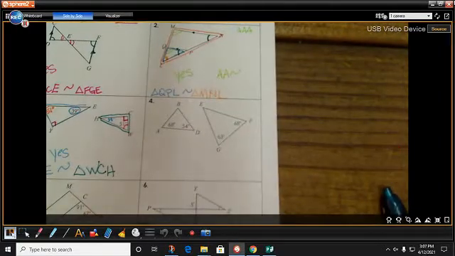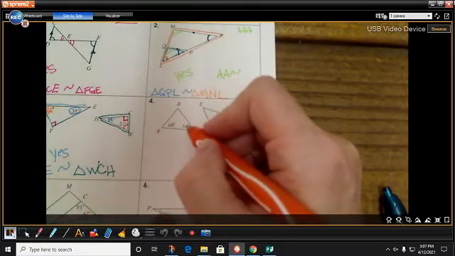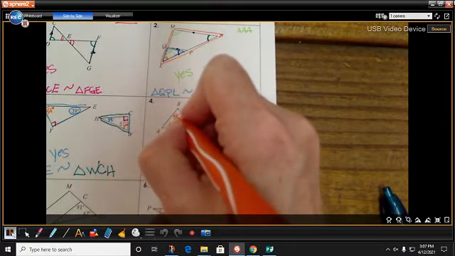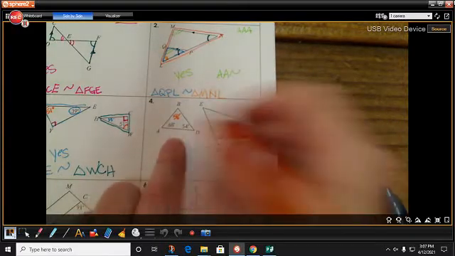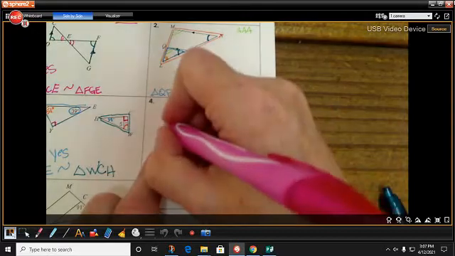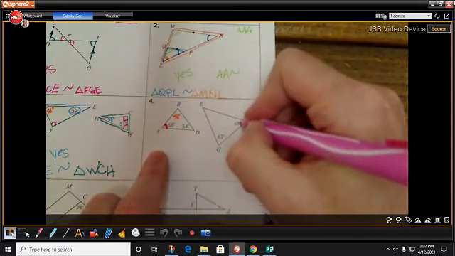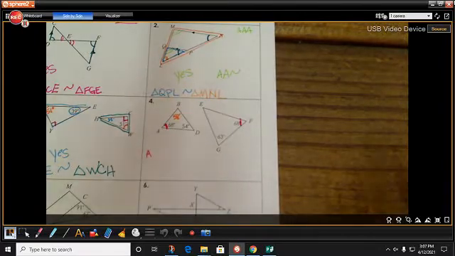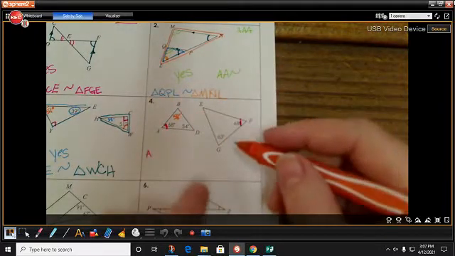Problem 4, I've got 68 and 54. When I take that from 180, this top angle comes out to be 58. And now I'm going to look over here. I've got another 68, so I do have a set of angles that matches. So I'm one down. Let's see if I can find another. And I've got 58 and 54 here.